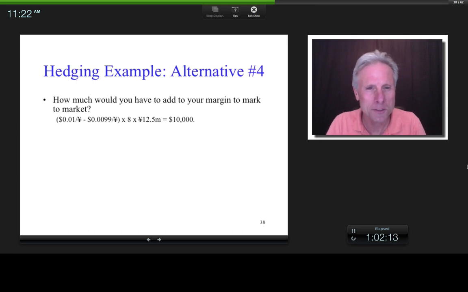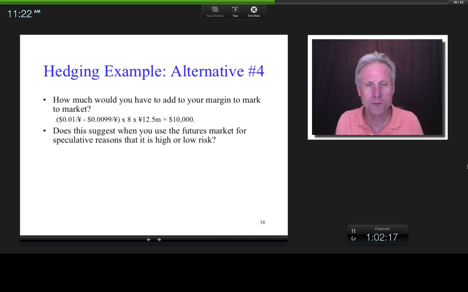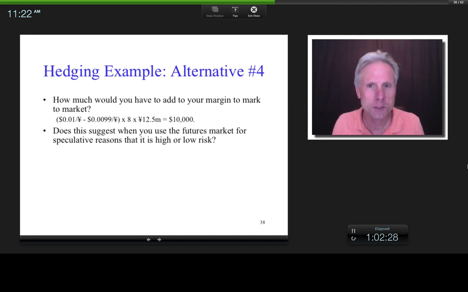But let me ask you something. When you look at these numbers, suppose that we're using the futures just for speculative reasons. So let's say we weren't hedging. Forget this whole widget example for a minute. If, as an investor, you decided, well, I think I'll play the currency futures markets, would that suggest that engaging in this type of trading activity is high risk, low risk, medium risk?